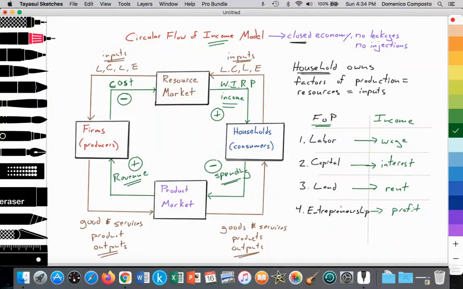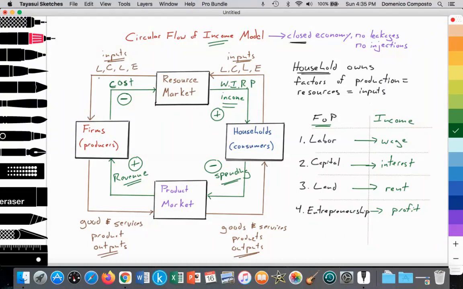Households offer their resources in the resource market. This is a place where households and firms meet to negotiate the employment and sale of these resources or factor productions or inputs. Firms offer wages, rent, profit, and interest for the employment of these resources, which are costs to the firm.